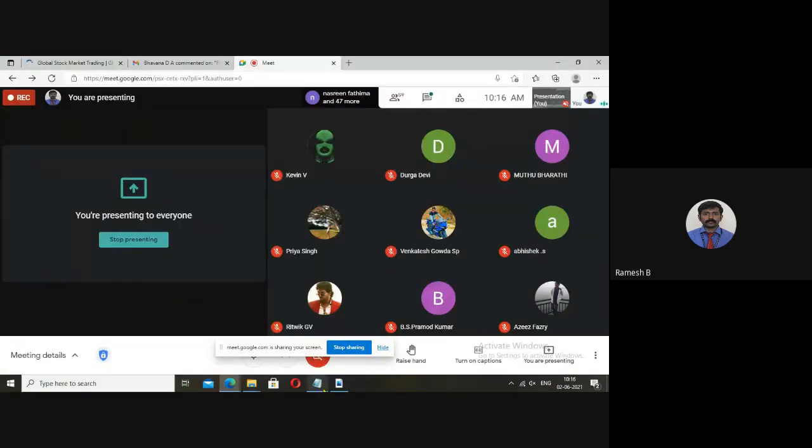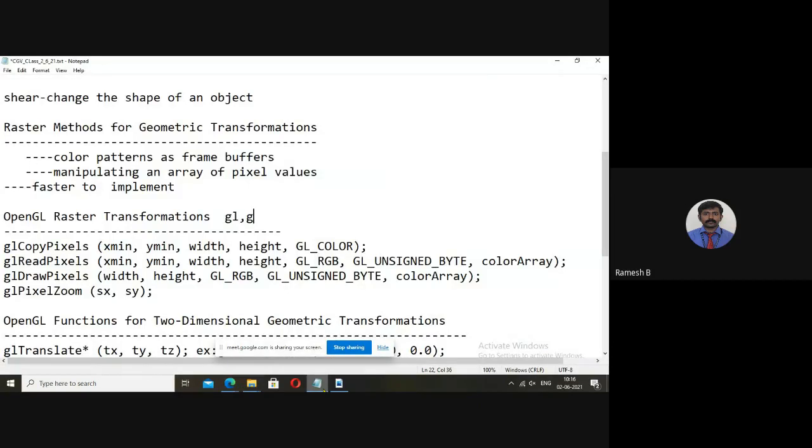Any one of you? Okay, GL, GLU, GLUT, all these are libraries. GL provides all these methods, where we need to give x min, y min, width, height, and the color.